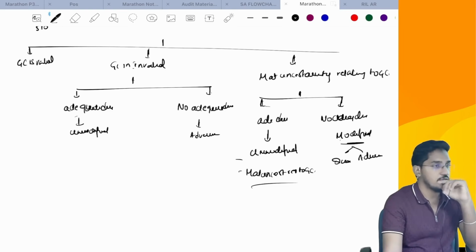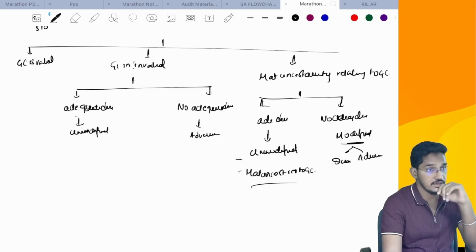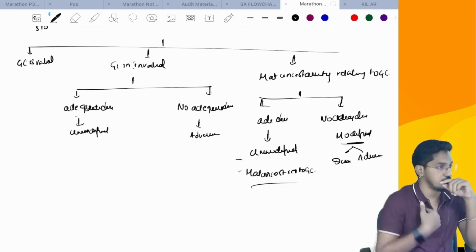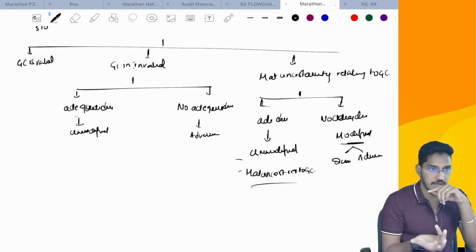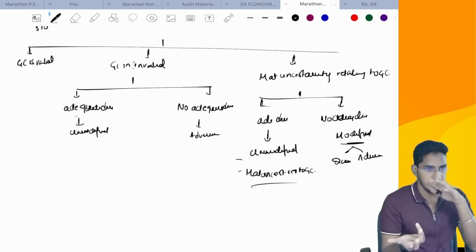No. Why no? We are modifying the opinion not because of material uncertainty. We are modifying the opinion because the management did not disclose that material uncertainty, regarding which we have evidence. See, if there is a material uncertainty, there is nothing wrong in that.